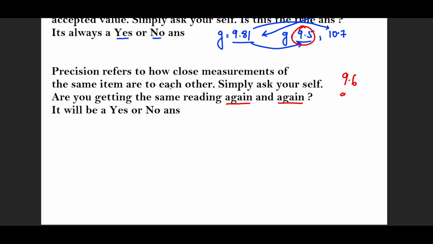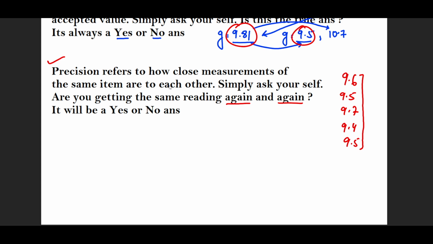He repeats again, gets 9.5, gets 9.7, gets 9.4, gets 9.5. Now we can see that although the results are not accurate, because we are expecting an answer of 9.81, the student repeating the experiment is getting answers that are very close to each other, even if they are incorrect. So in an experiment, if the answers are close to each other and you get the same answer again and again, that means your results or your experimental setup is precise.